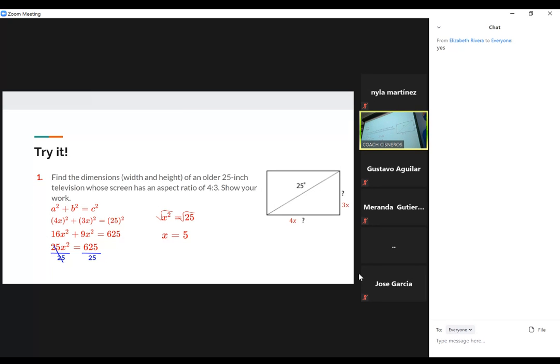Does that mean we're done? Do we circle, box in x? The question asks for the dimensions, so the width and the height. x equals 5, but the width is 4x, and the height is 3x. So I have to make one last little calculation. In order to figure out the width, I need to multiply 5 by 4. And in order to figure out the height, I need to multiply 5 by 3. I just plug in whatever that x was to go back and make sure I answer the questions.